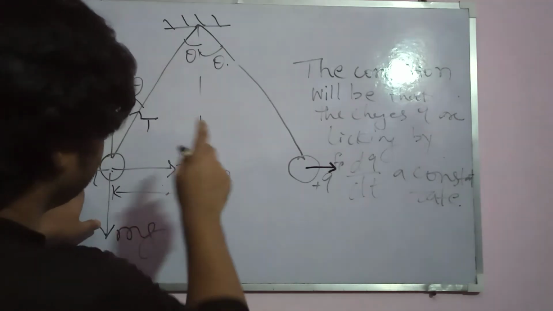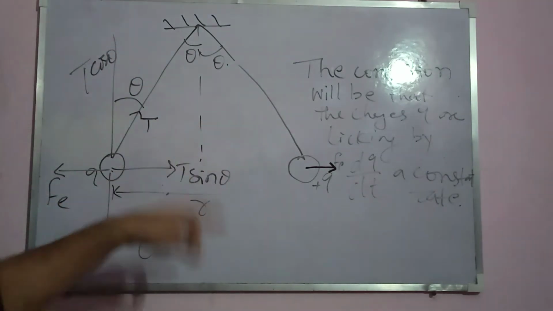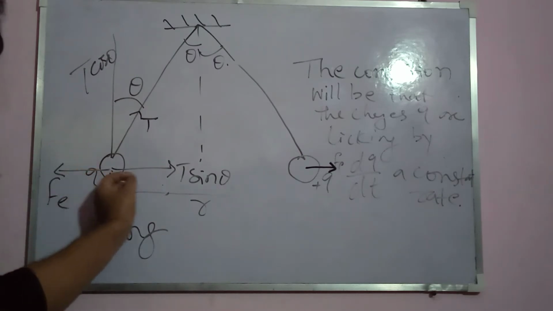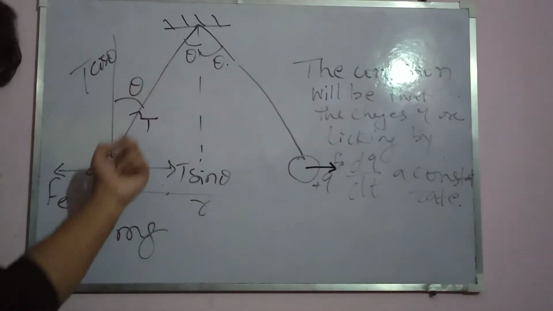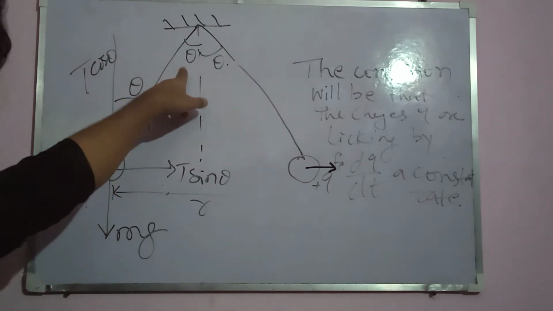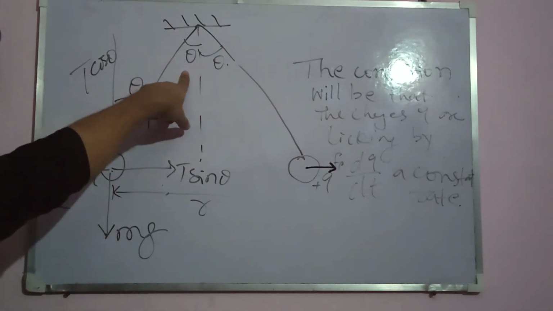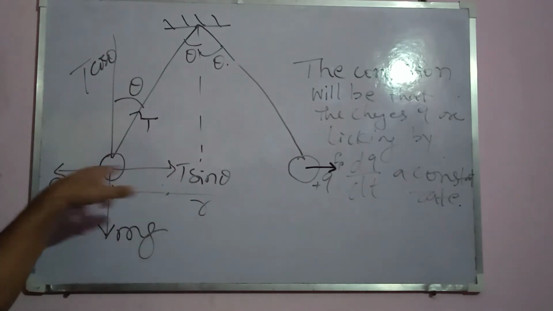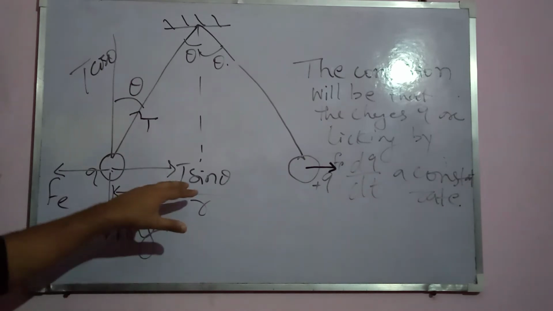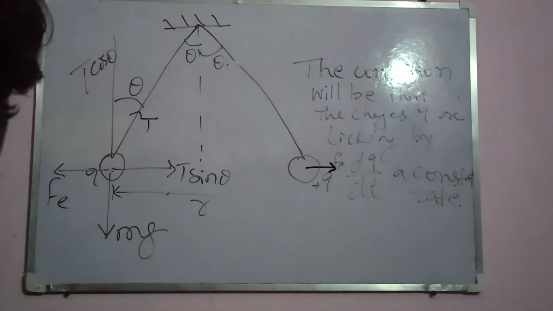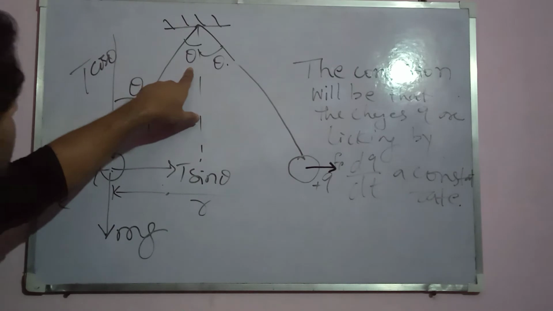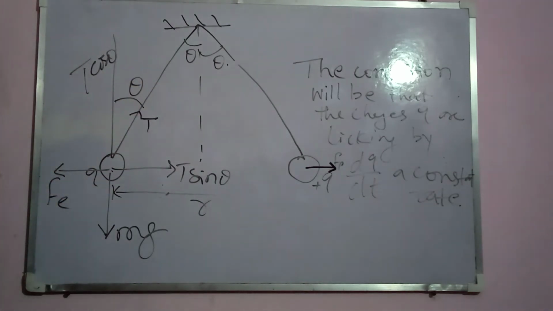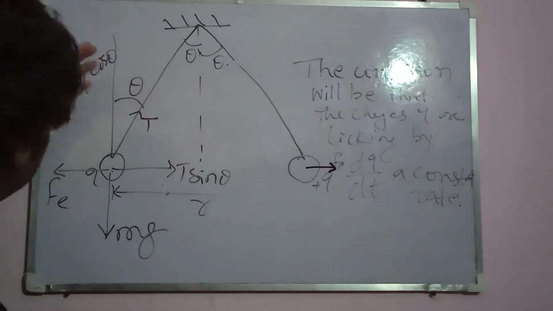So Fe is reducing and T sin theta is also reducing, because as the force reduces, the charges rush towards each other and the angle becomes smaller, so this factor becomes smaller too. They are always balanced: T sin theta is always balancing Fe. Now, what happens here? If the angle becomes smaller, T cos theta will be bigger.